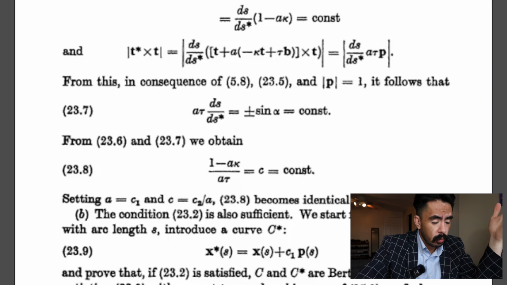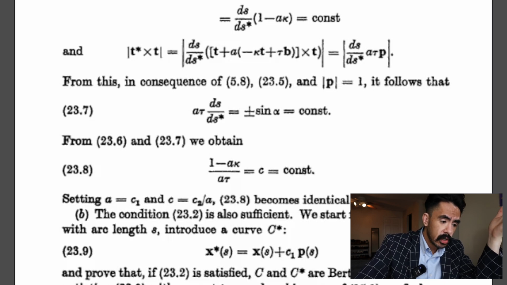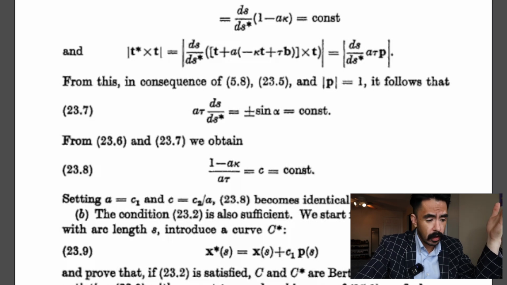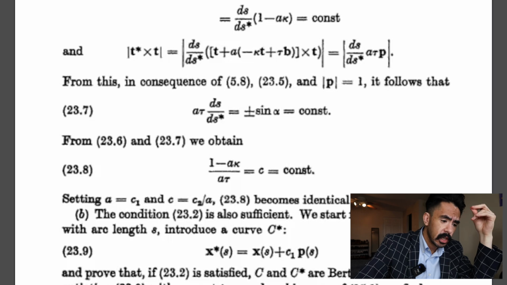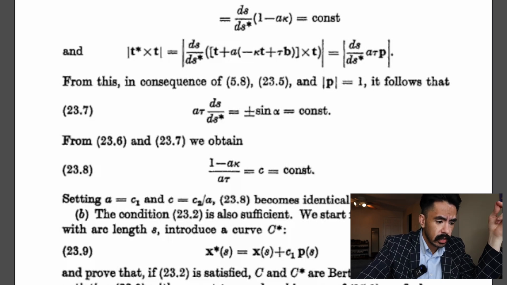And from what we had just derived for cosine of alpha and sine of alpha, we obtain a numerator 1 minus a times kappa over denominator a times tau is equal to c, which is equal to a constant.